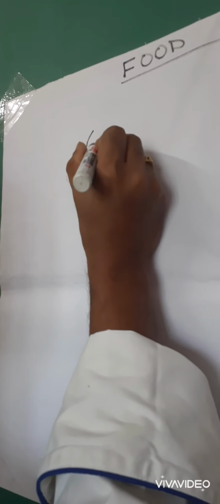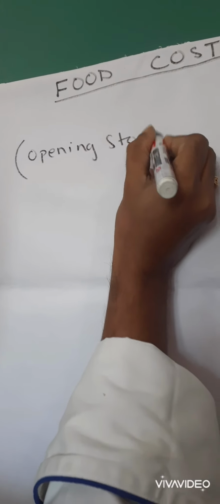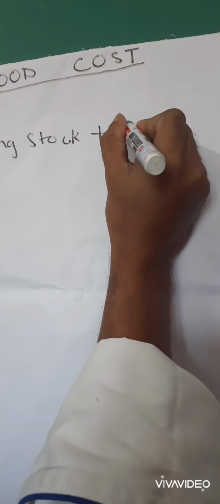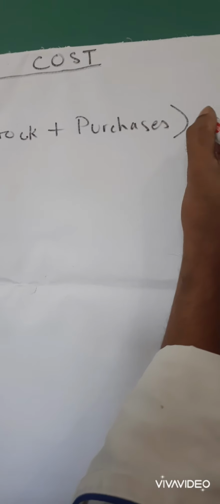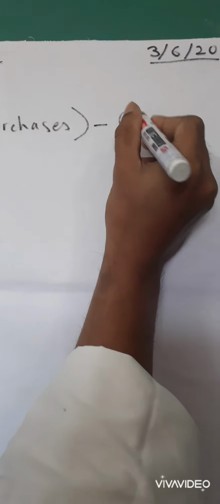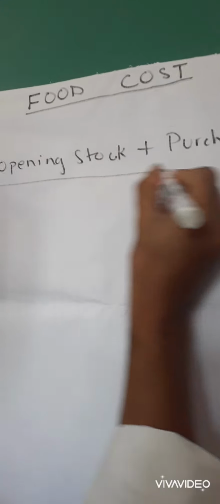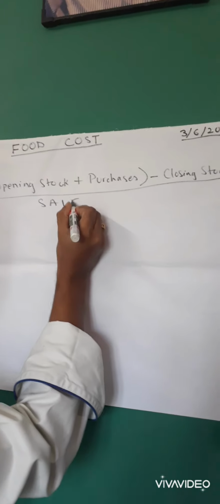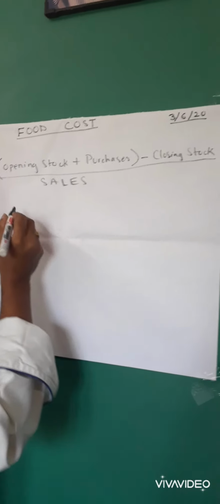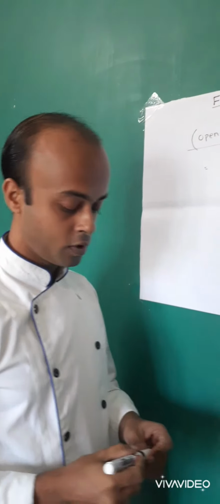Within the first bracket, opening stock plus purchases, close the bracket, minus closing stock, the whole thing divided by sales. The result it gives is the food cost. When you multiply this by 100, that gives you the food cost percentage.